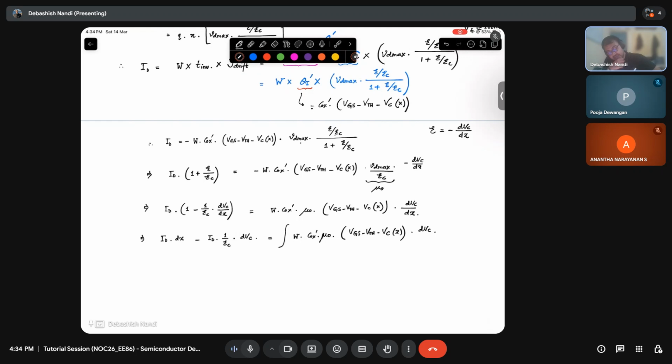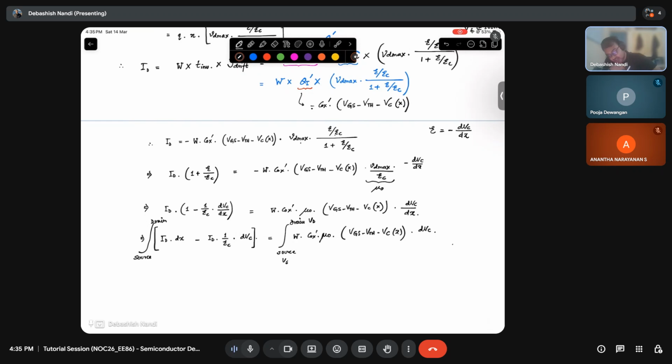Now you integrate this from source to drain. For potential, the source side will be Vs, and the drain side will be Vd.